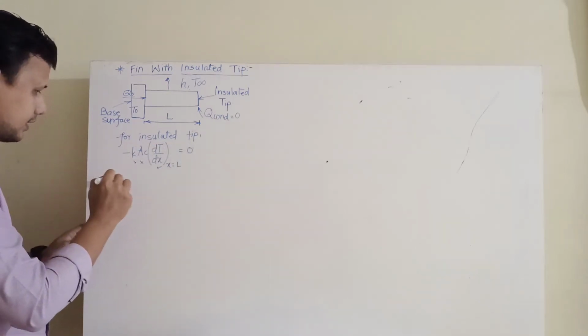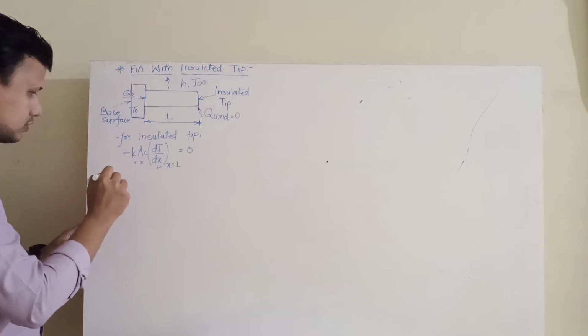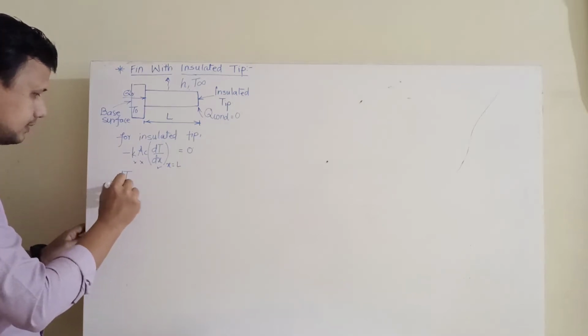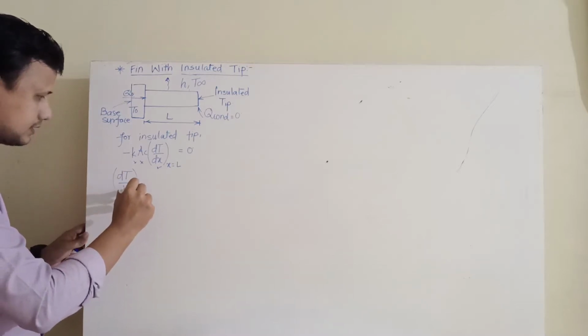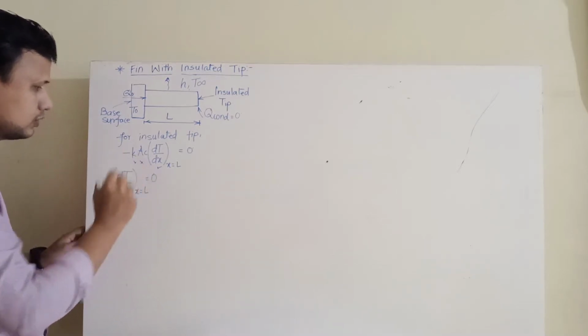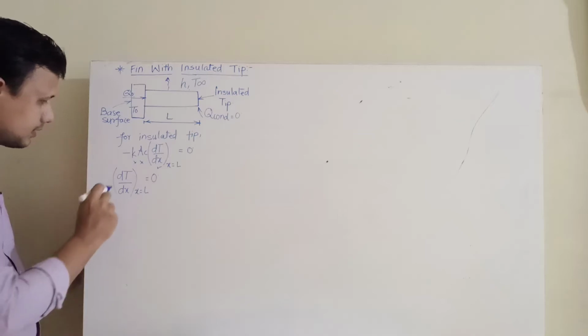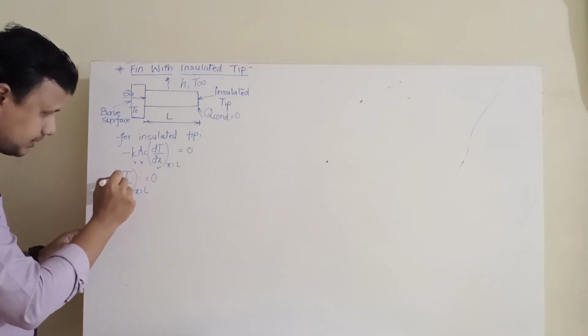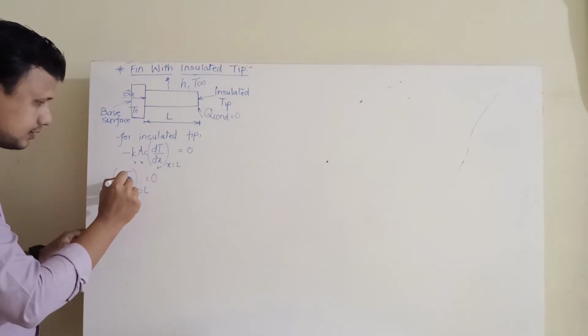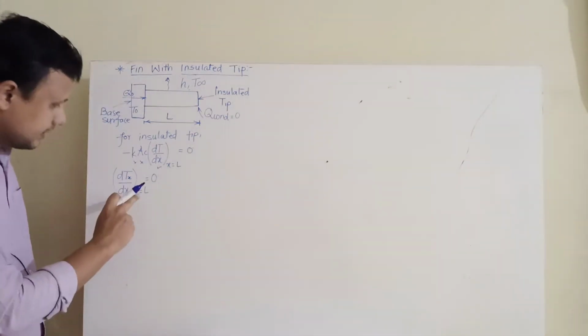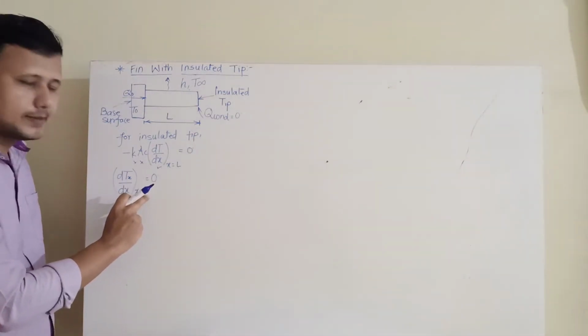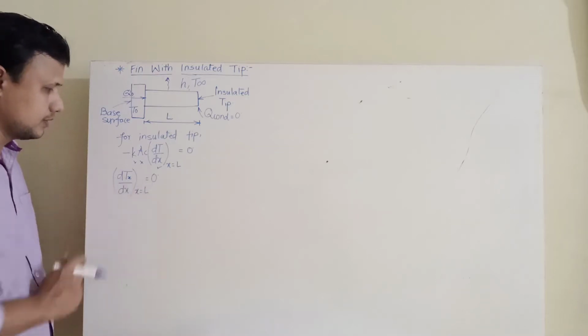So we can write that dT/dx at x equal to L is equal to 0. But remember, this T is nothing but T_x, the temperature at any particular location x. In this case, the location is the tip of the fin, that is, the final length of the fin.